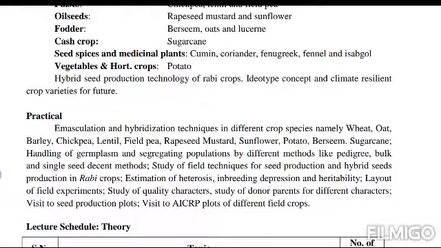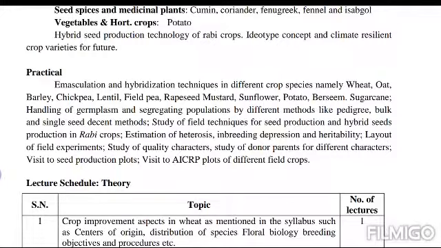rabi season. The practicals covered here are emasculation and hybridization techniques in different crops like wheat, oat, barley, chickpea, lentil, field pea, rapeseed and mustard, sunflower, potato, berseem, sugarcane. Then handling of germplasm and segregating populations by different methods like pedigree, bulk, single seed descent method.